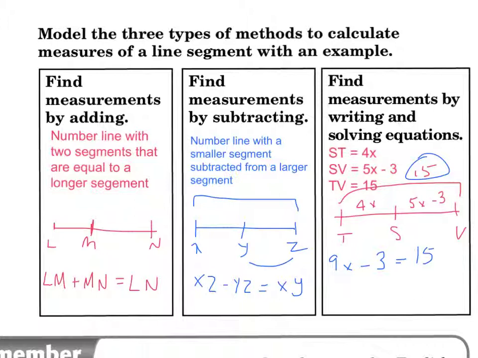Now, Algebra 1 time to solve. We'll add 3 to both sides, so we get 9x equals 18, so x equals 2. What we can do is plug that back in. So ST is 4x, or 4 times 2 is 8, and what's left over? SV, you can solve it, SV equals 7.